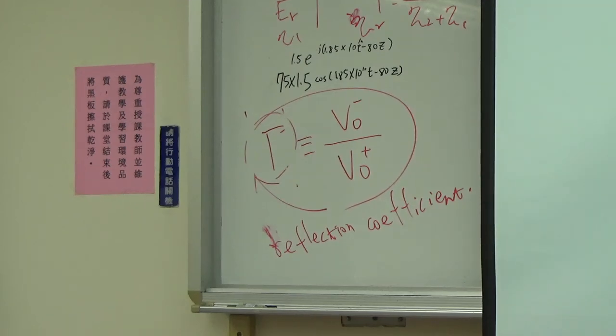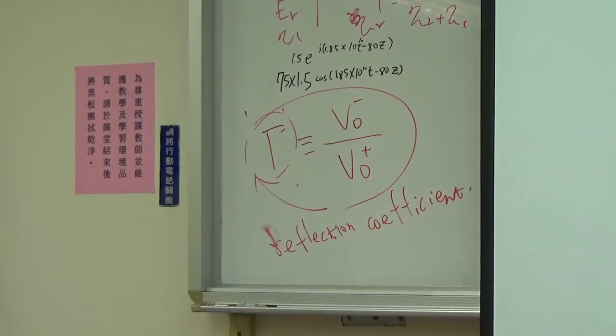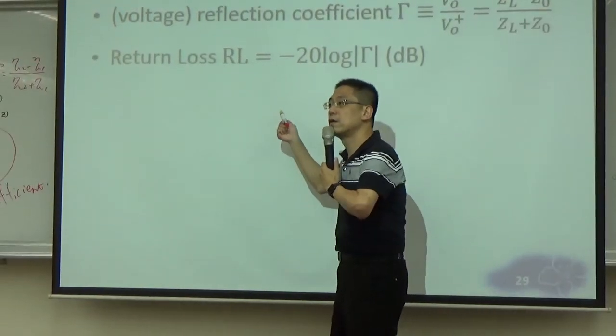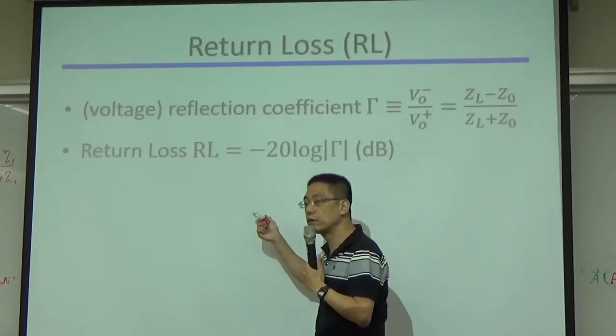Okay? The definition of return loss, because we already know it is a loss, we put a negative sign here to cancel the negative term. So if you say return loss, the number is supposed to be a positive number. This is a very straightforward definition.